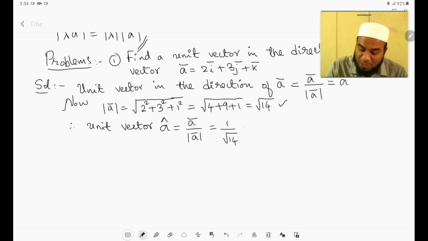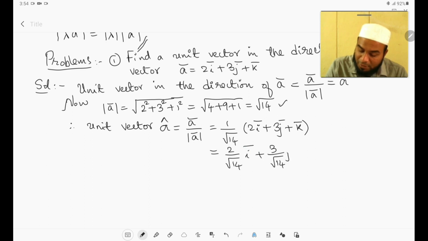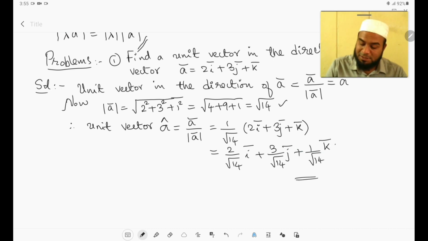So 1 by root 14 into 2i plus 3j plus k. When we multiply, we will get 2 by root 14 into i bar plus 3 by root 14 into j bar plus 1 by root 14 into k bar. This is how we evaluate a unit vector in the direction of a given vector.